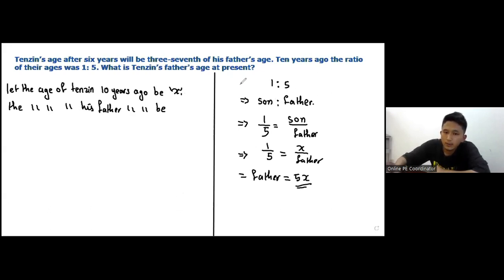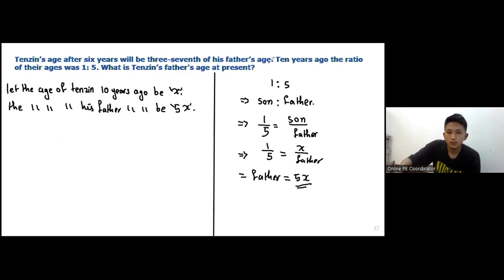But you don't need to solve it like that. The ratio is given as 1 is to 5, so if Tenzin is 1, the father is 5; if Tenzin is 2, the father is 10. The father's age is 5 times the age of Tenzin. I hope you have understood this ratio part.